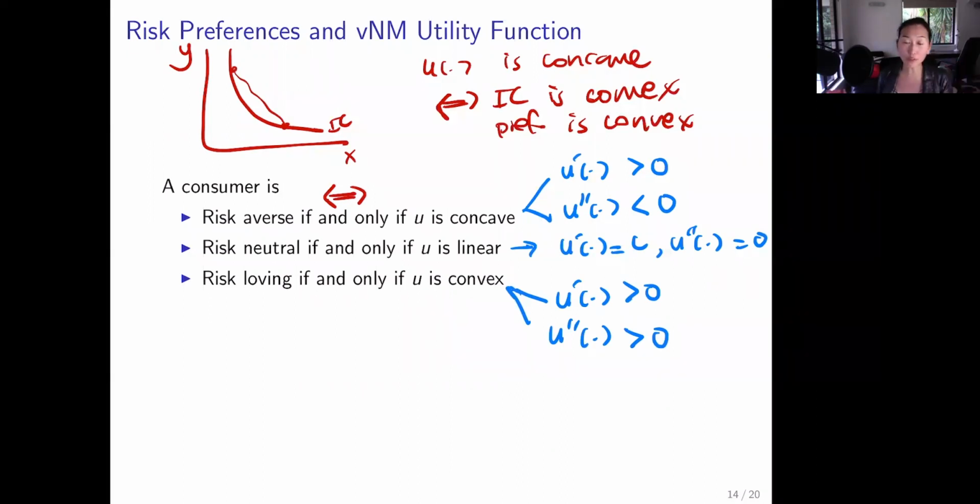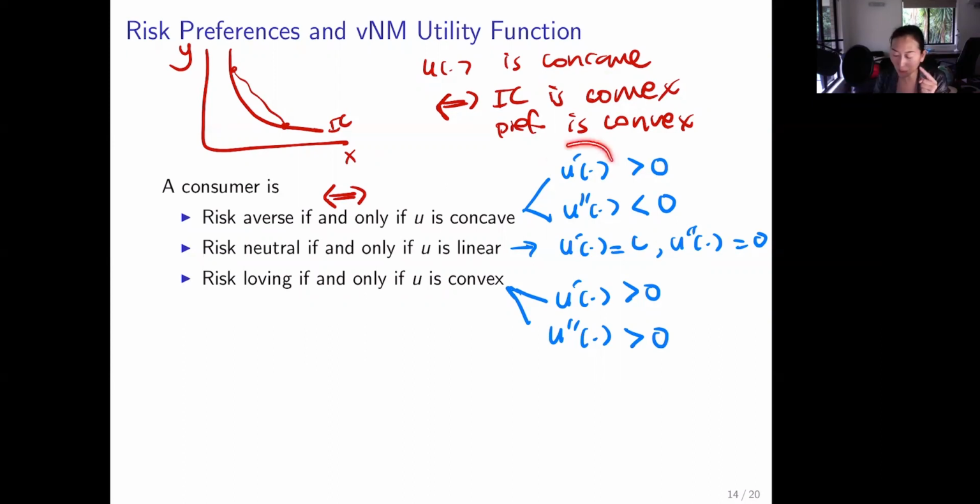If you know the utility function, how do you do it? You just check U prime and U double prime. That's it. And you don't need to check the partial derivative, because in this expected utility function there is only one variable, which is wealth or the consumption. Not x and y, only one value.